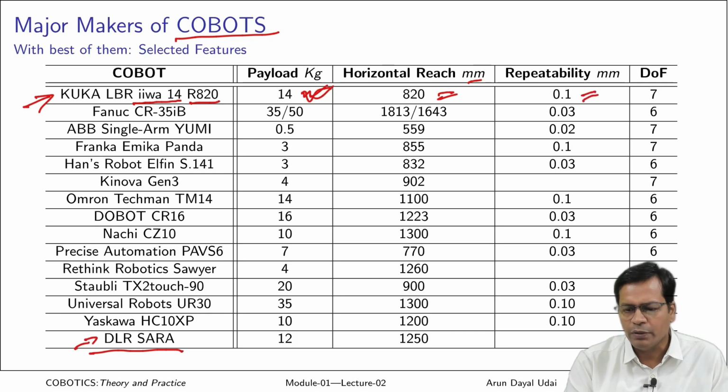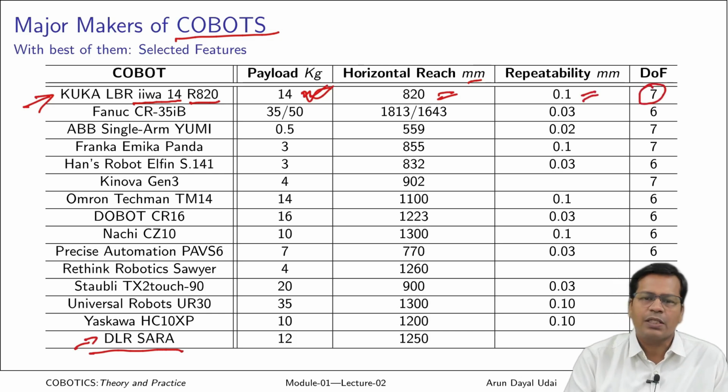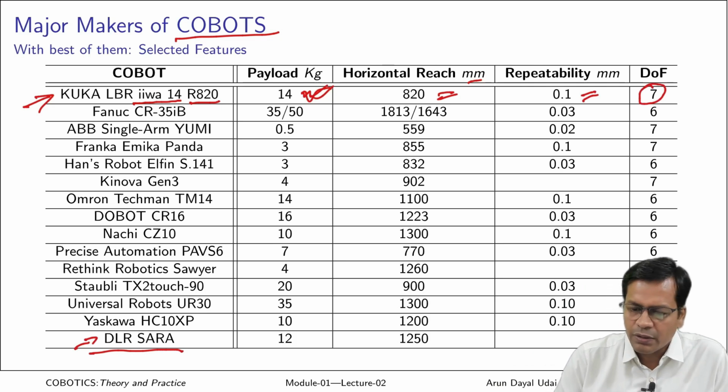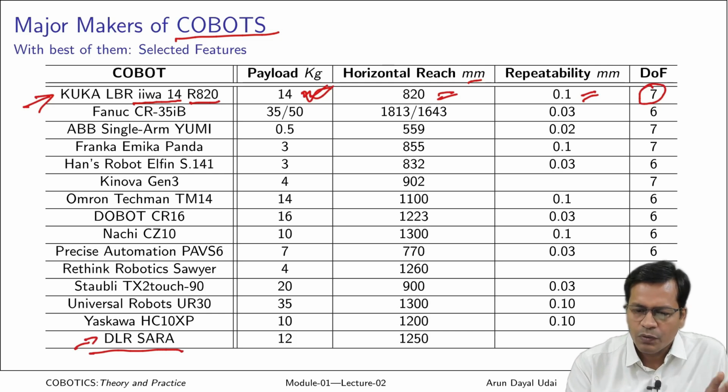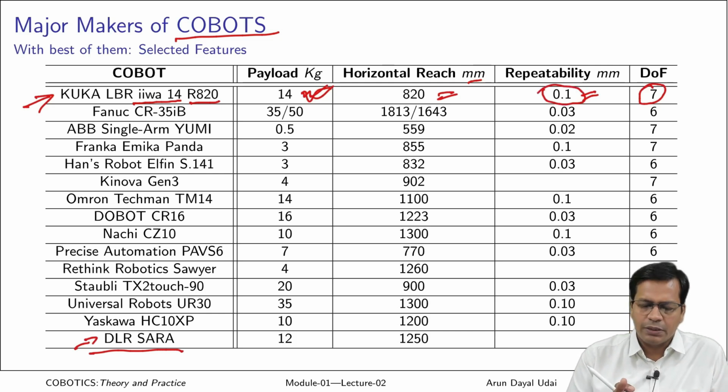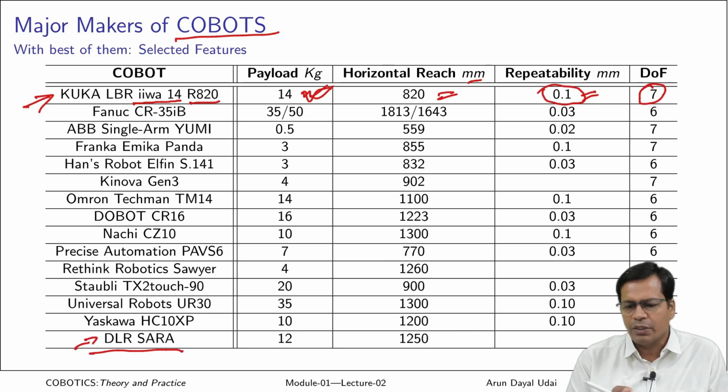Repeatability is 0.1. The degrees of freedom is as good as a human with one redundant degree of freedom, that is 7. We will talk about degrees of freedom and repeatability later in our course also. When we talk about repeatability, it is as per ISO 9283 only.